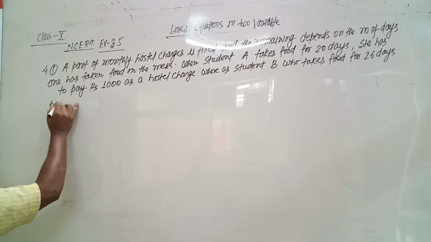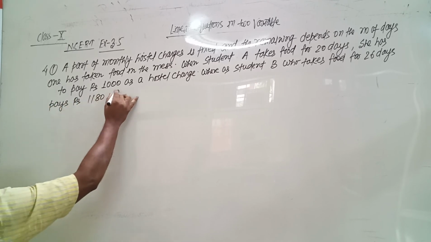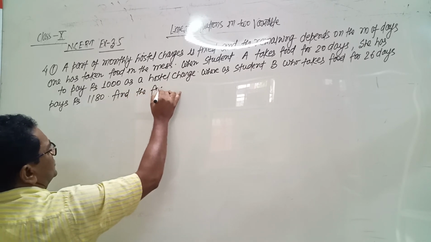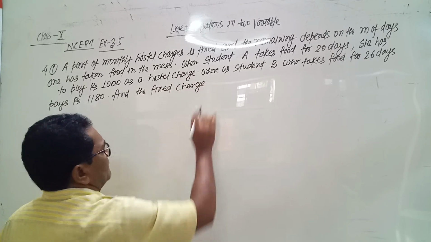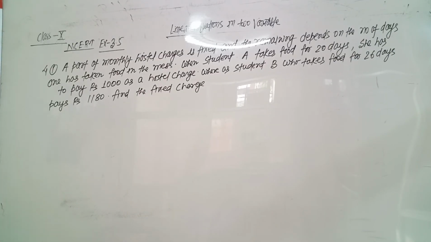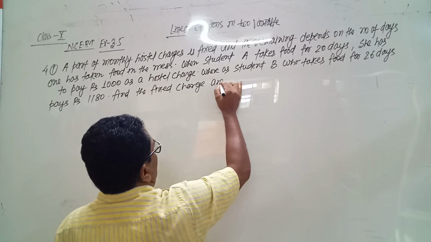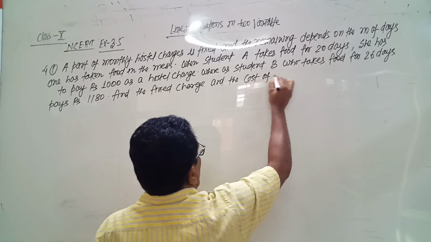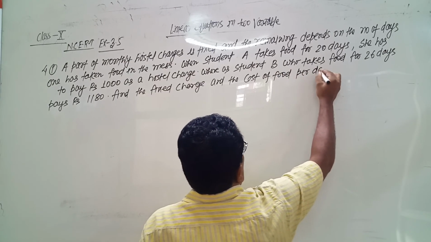So find the fixed charge and the cost of food per day.